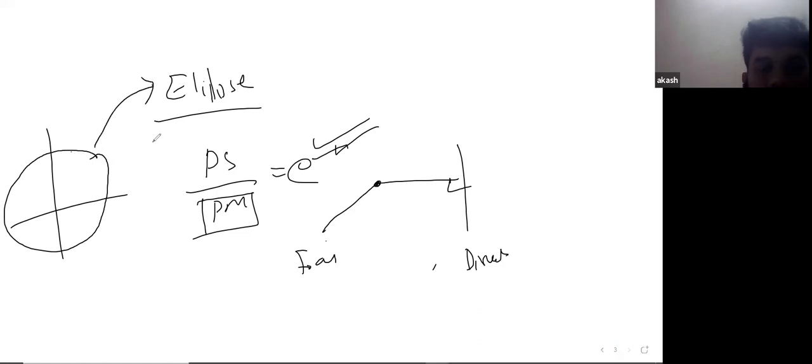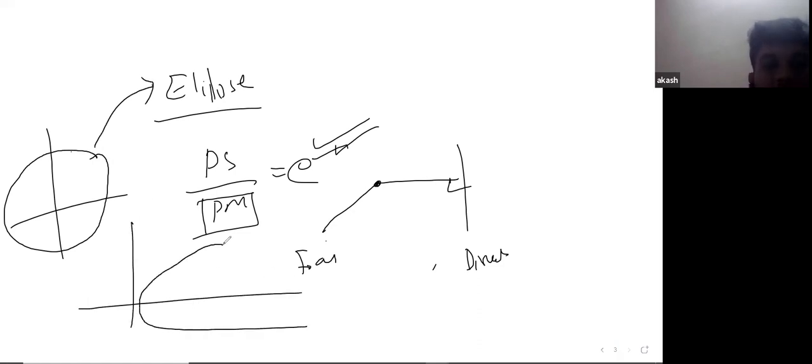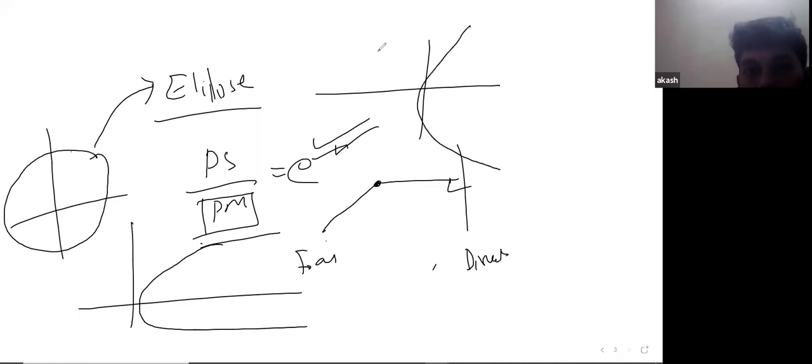When you have eccentricity as 1, then you get this graph, and this is called a parabola. When you have eccentricity greater than 1, then you get a curve like this, a hyperbola.